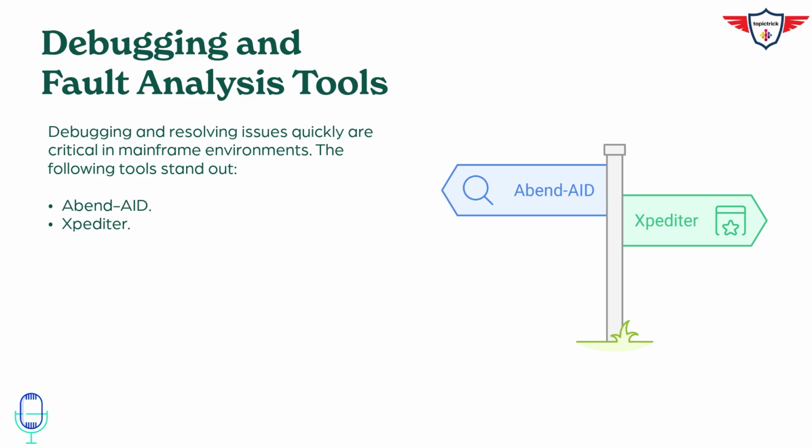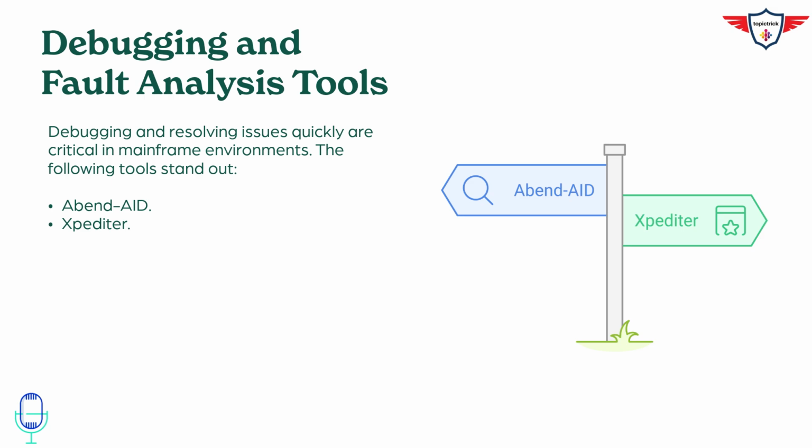So this level of visibility can be incredibly helpful for understanding complex logic and identifying those elusive bugs that only surface under specific conditions. So Abend-Aid is for analyzing crashes, and Xpeditor is for dissecting the code in action. Yeah, that's a great way to think about it. It's remarkable how these tools provide different perspectives on debugging, helping developers tackle problems from multiple angles.